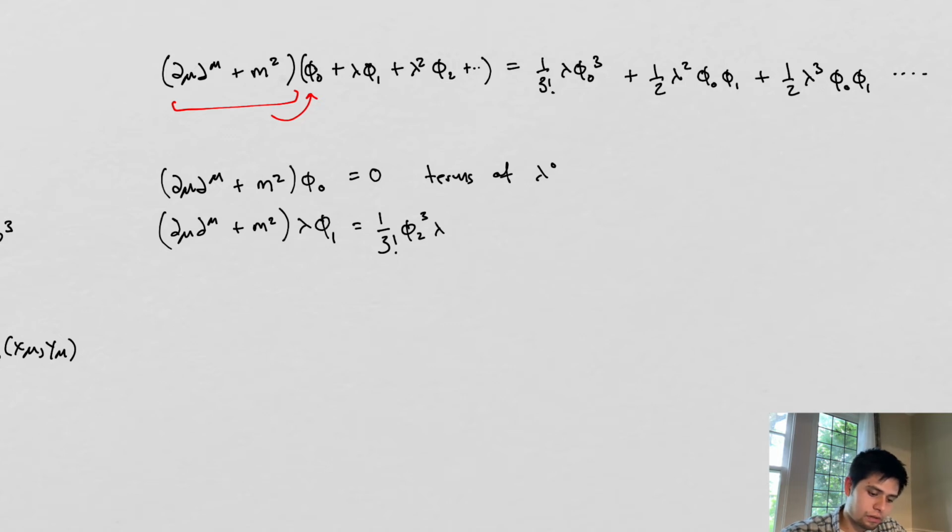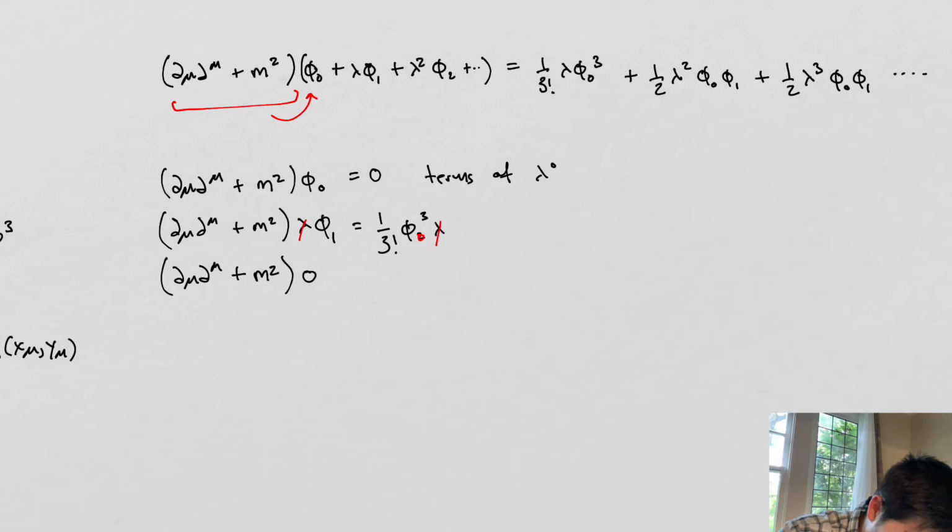Shouldn't have done that. We can divide both sides by phi, and this should actually be a 0. And if I just clean this up a little bit, what we end up getting is D mu plus m squared phi 1 is equal to 1 over 3 phi 0 cubed.